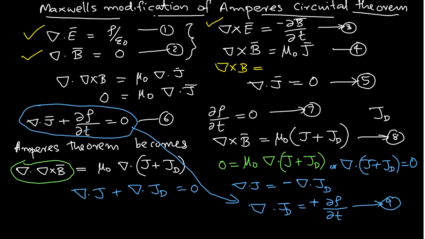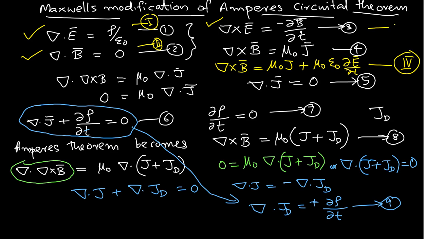It is modified by Maxwell to del cross B is equal to mu 0 J plus mu 0 epsilon 0 dou E by dou t. These are the four Maxwell equations. Equations 1, 2, 3, 4 are equations before Maxwell's.